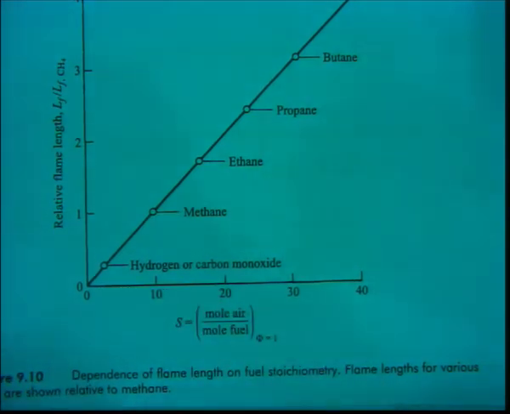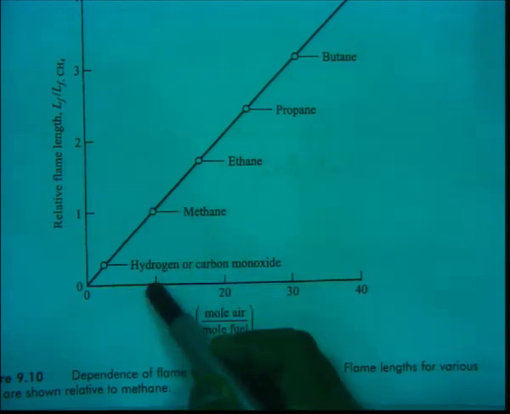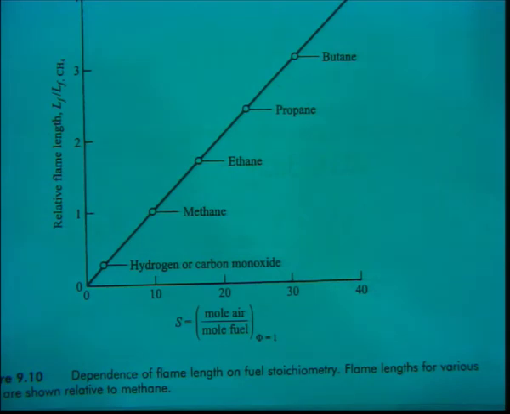That is the value of S. What is the S value for methane? It is not the small s, we are talking about this capital S now. So, 4.76 times x plus y by 4, and what is x plus y by 4 for methane? 2. So, it is 9.52. So, that is what you see here, close to 10, 9.5.